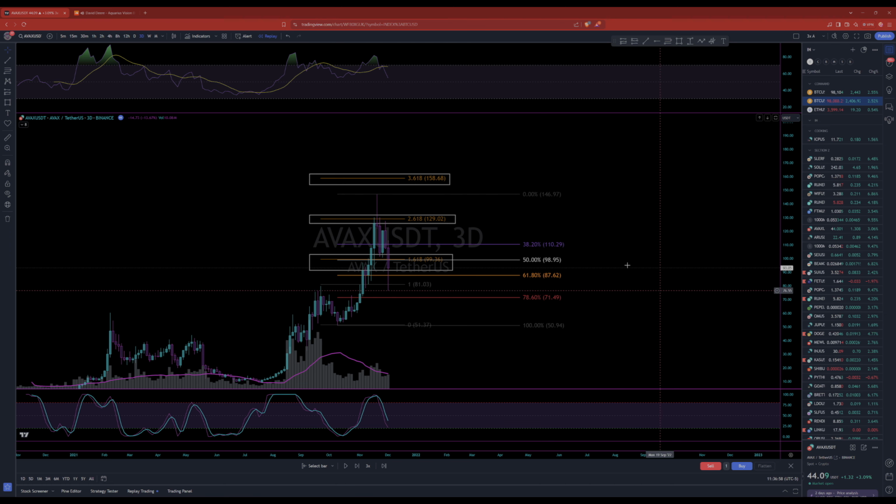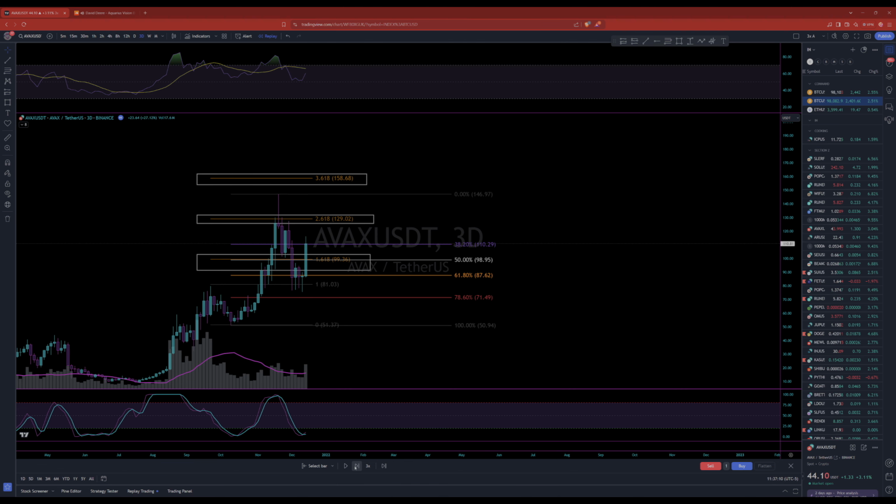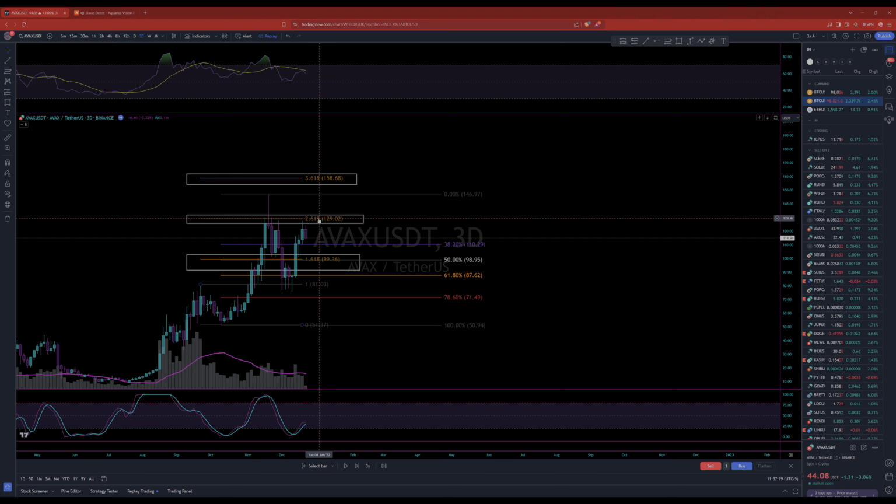Once we have another low, see how things like to wick into this zone? Again, it's respecting that 2618 extension, despite not having previous price action.